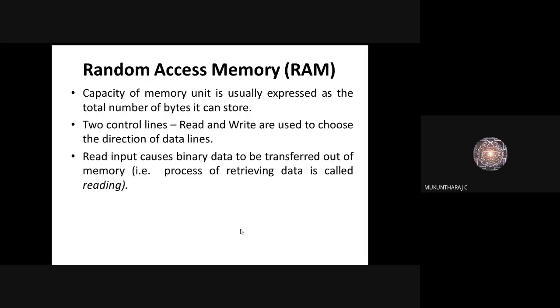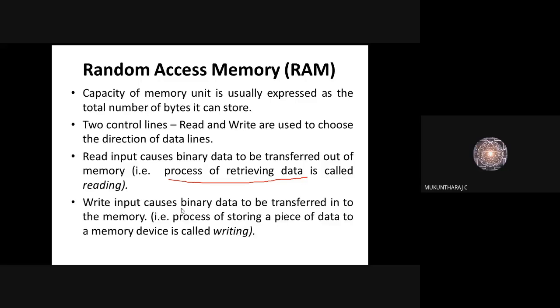Binary data will be transferred to the outside world. As I said, the process of retrieving the data is nothing but the read operation, or read input results in the process of taking the data from the memory unit.